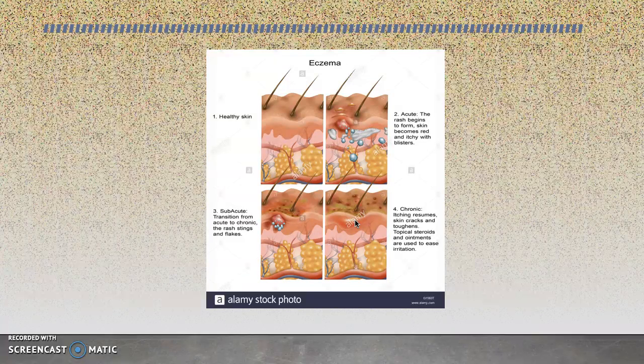In the bottom left, it says subacute, which means transition from acute to chronic: the rash stings and starts to flake. On the bottom right, it says chronic: itching resumes, and skin cracks and toughens.